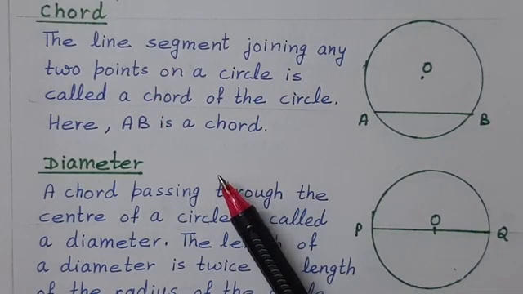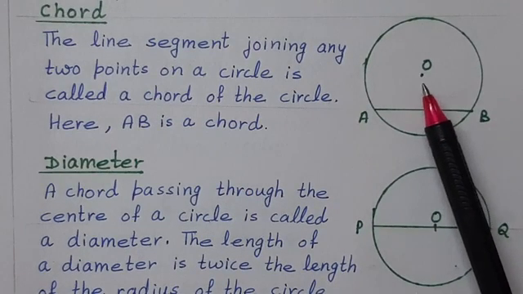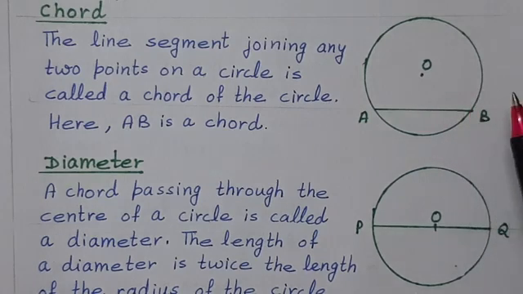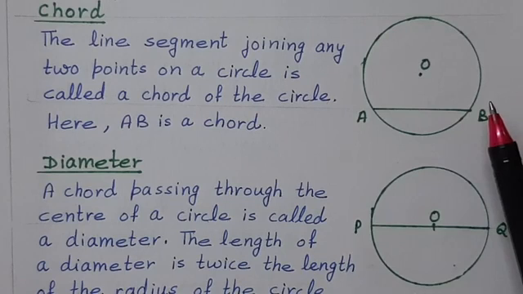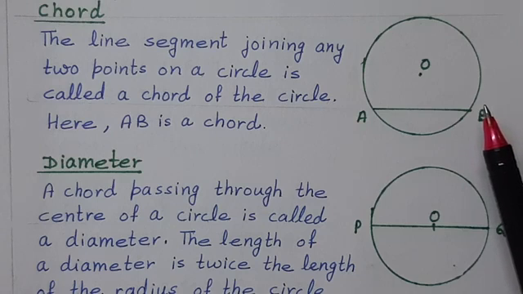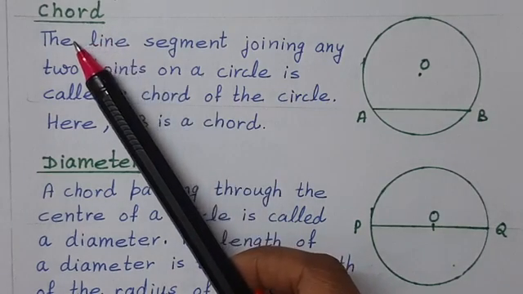A circle has a radius, diameter, sector, segment, chord, secant, and arc. We will be using these terms very frequently in this chapter. So, please do understand the meaning of each term. Here the first term is chord.